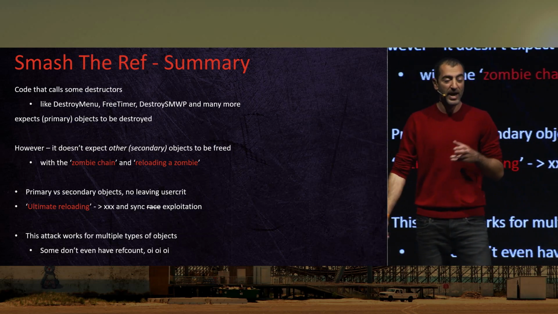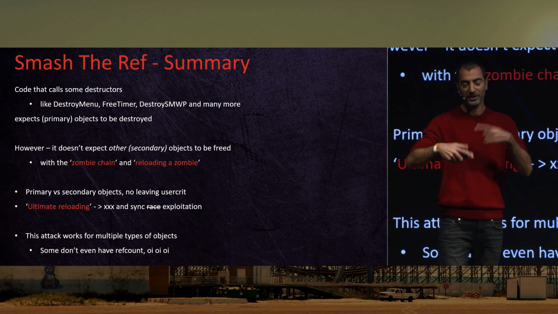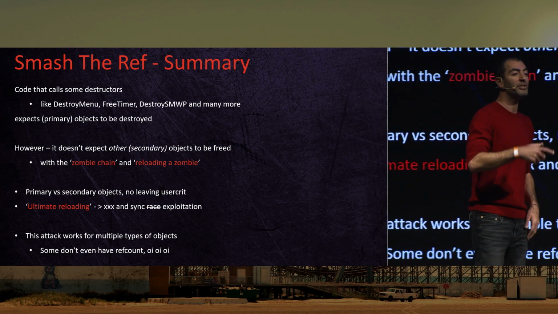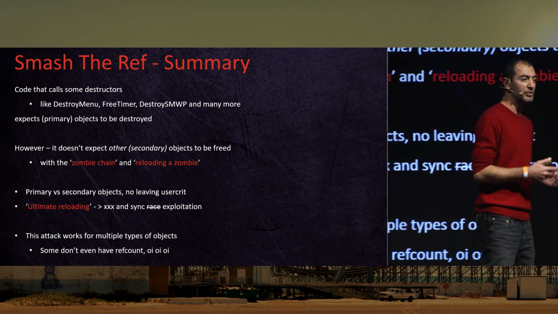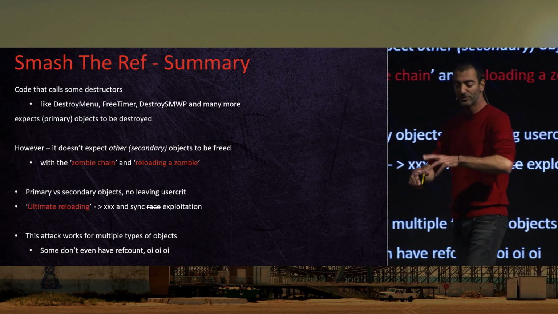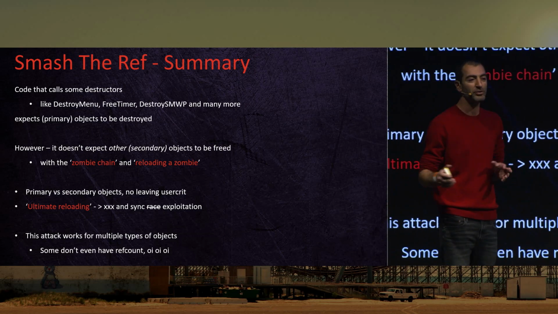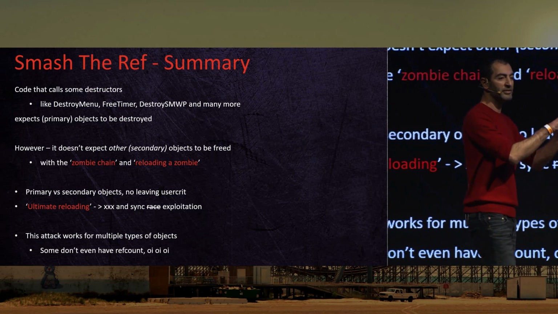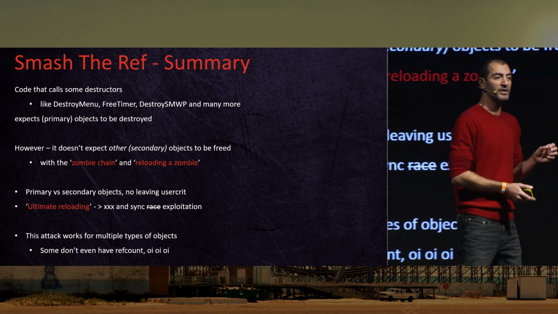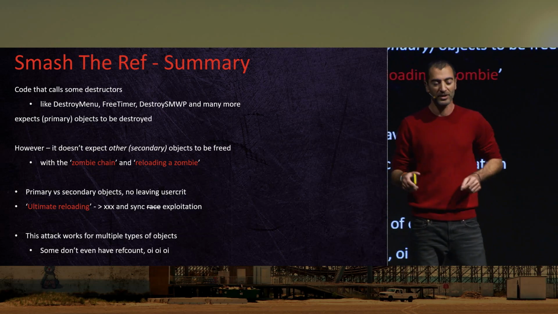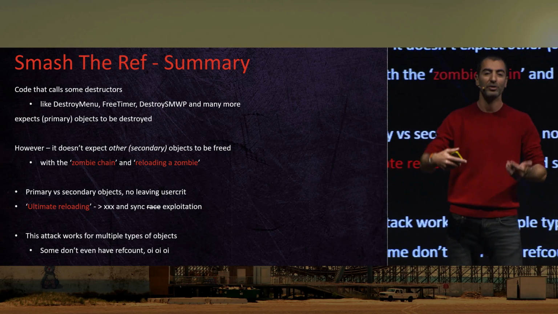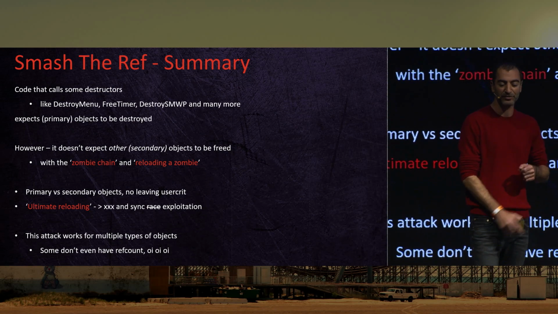The only way to do it is with the zombie chain, or reloading a zombie like we saw in the previous code snippet. Together that gives me ultimate power to go to lots of places inside the code where there is a smashable site, where the last decref can free another object that wasn't even locked yet. So that's the idea.